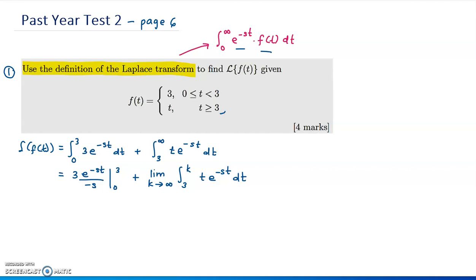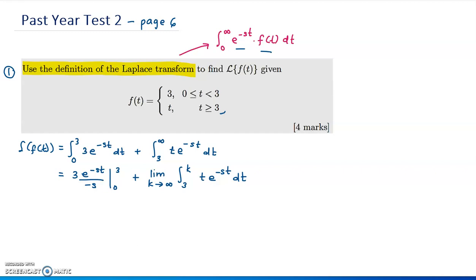We have t times e^(-st), so you can use by parts or tabular. I normally use the tabular, but if you prefer integration by parts, then you can proceed with the by parts.